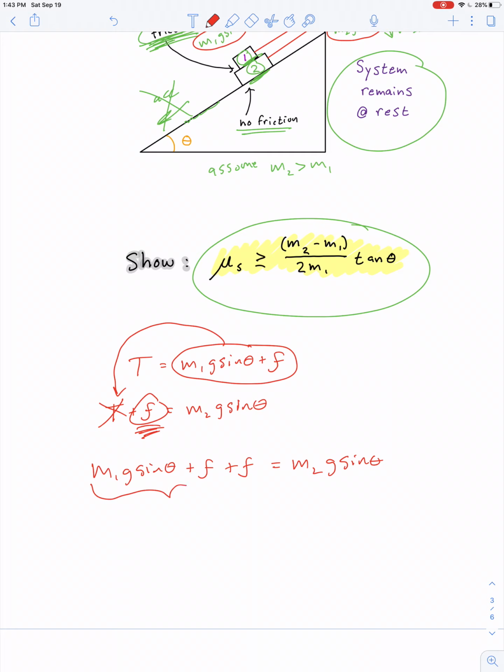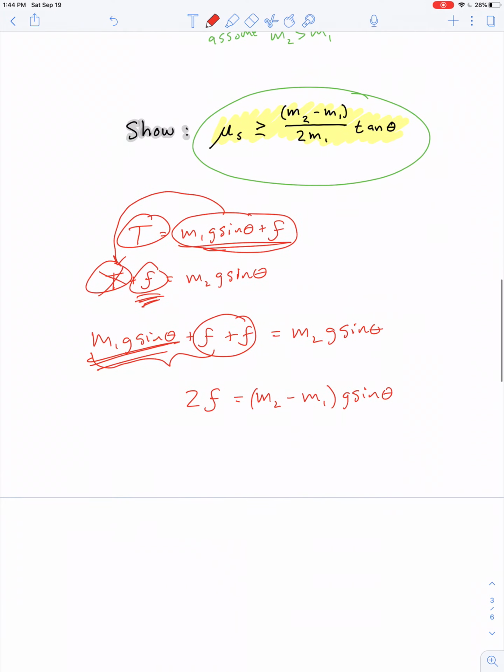Notice what we did, all of this right here is the same thing as this T that we substituted for. So 2F is equal to m2 minus m1 quantity times g sine theta when we rearrange, right? F plus F gives us 2F. We subtract this from both sides of the equation and factor out the g sine theta.